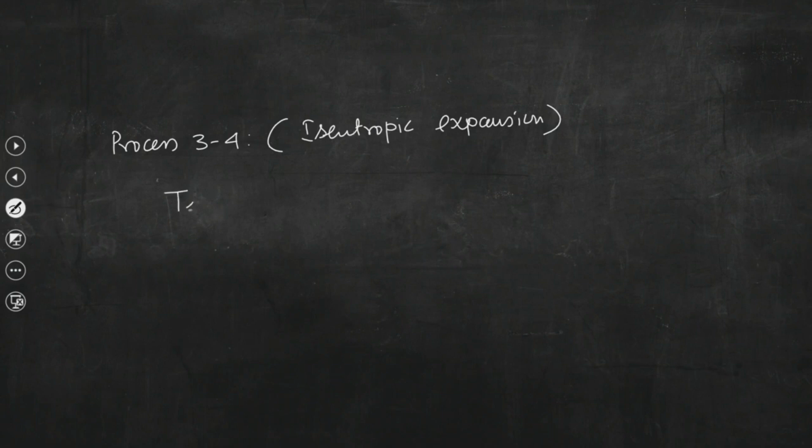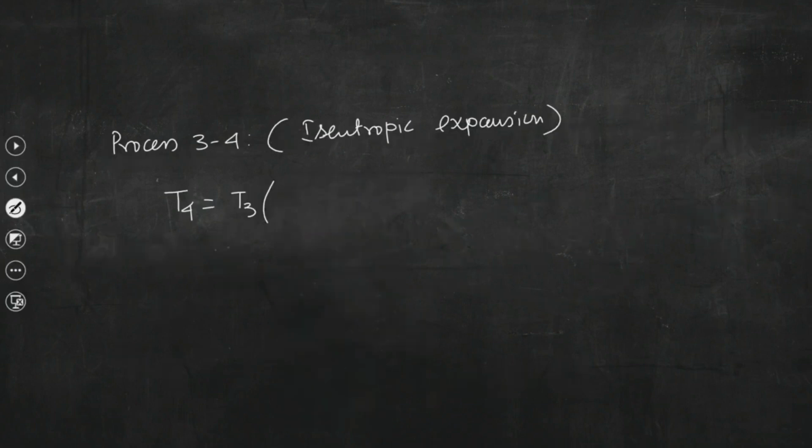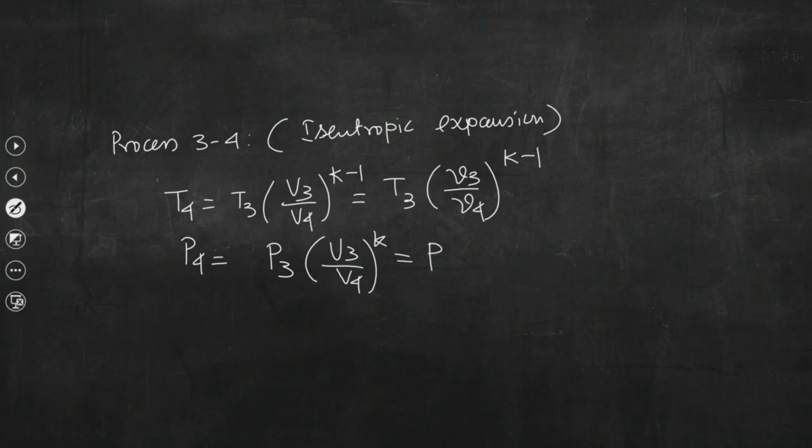So, we can write T4 equal to T3 into V3 by V4 power k minus 1, equal to T3 into small v3 by small v4 power k minus 1. Similarly, we can write P4 equal to P3 into V3 by V4 power k, equal to P3 into small v3 by small v4 power k.